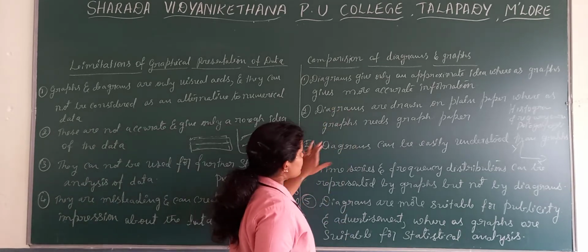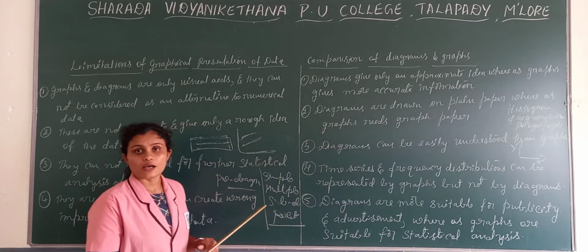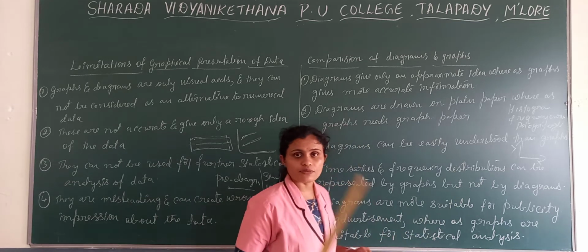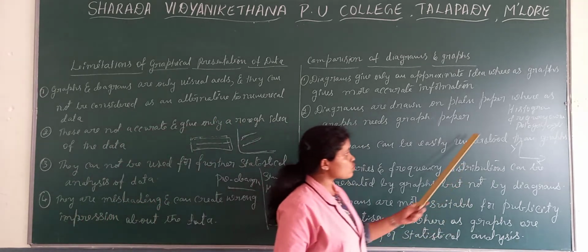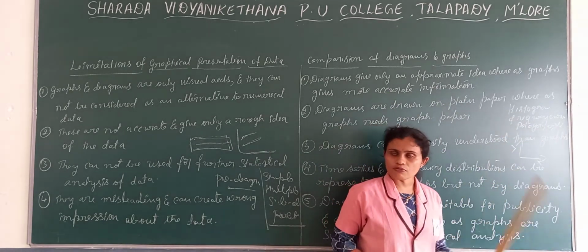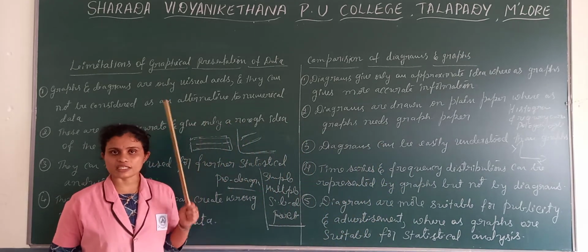Next, diagrams are drawn on plain paper, whereas graphs need graph paper. That's what I have told. When you draw a histogram, frequency curve, frequency polygon and ogive, you have to draw it on the graph sheet. If you draw it on plain paper, that is wrong.